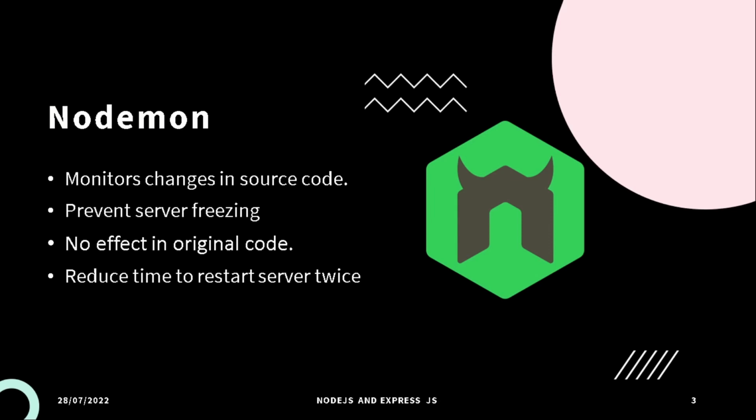So if we use nodemon, then the server will automatically restart and the code will execute from the start again. It also has a benefit, it does not affect the original code, and whenever we use nodemon, we do not have to rewrite node index.js and run over and over.